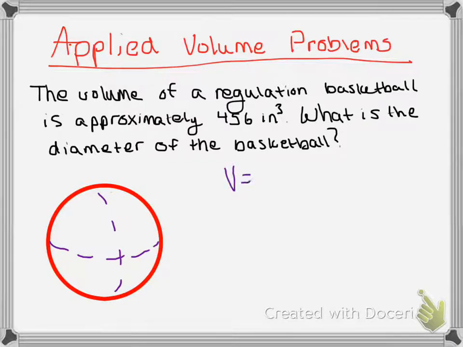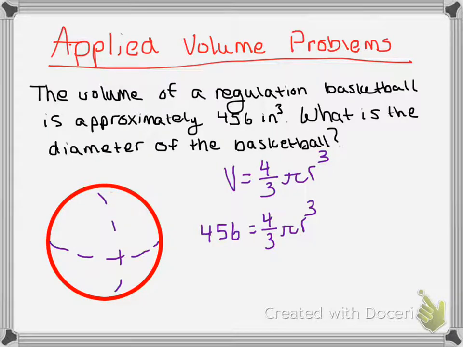Volume is equal to 4/3 pi r cubed. Okay, now, only thing that we know is the volume. So I'm going to plug in my volume where the V is. 456 is equal to 4/3 pi r cubed.